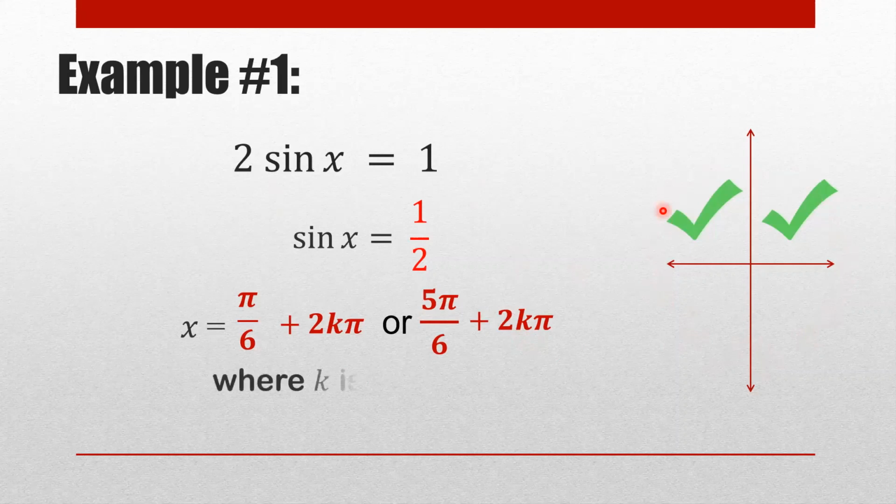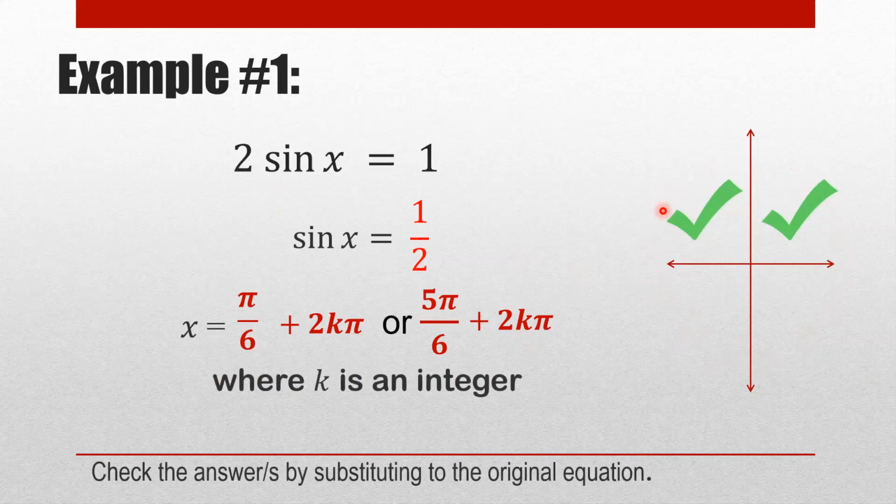So, in degrees, no, this is what? Pwede nating sabihin 30 degrees. Let's write it here. We can have 30 degrees plus even multiple of 360 degrees. 2 pi is 360 degrees.